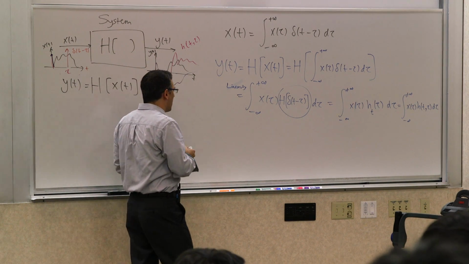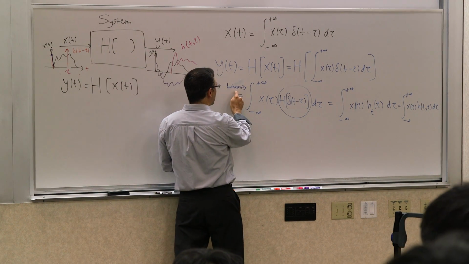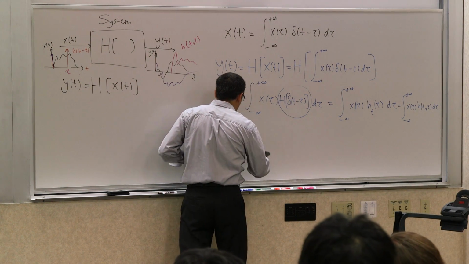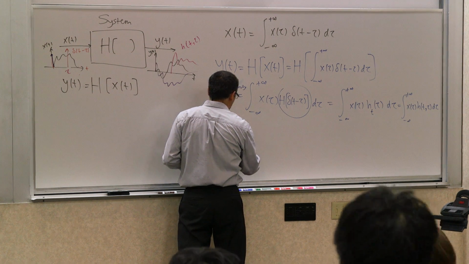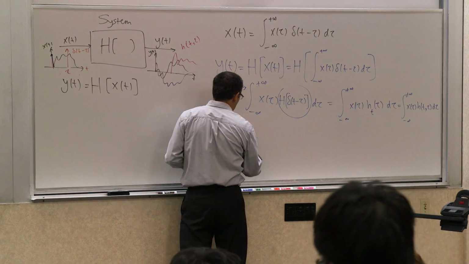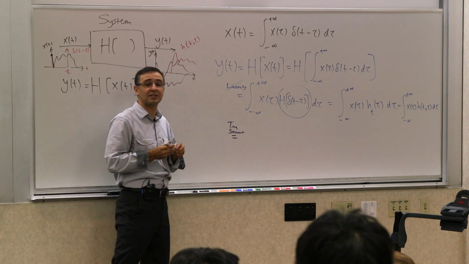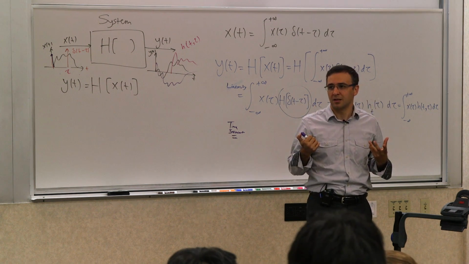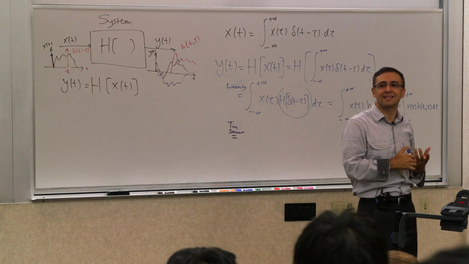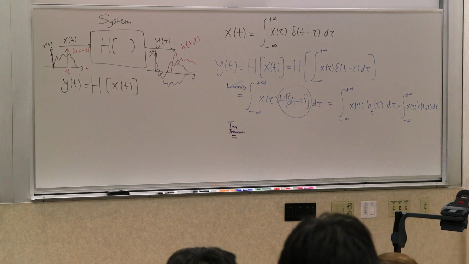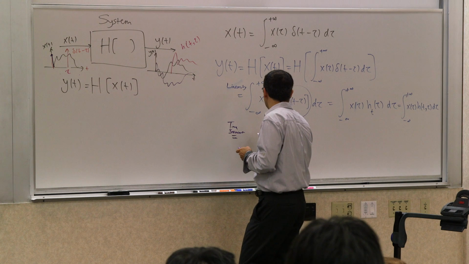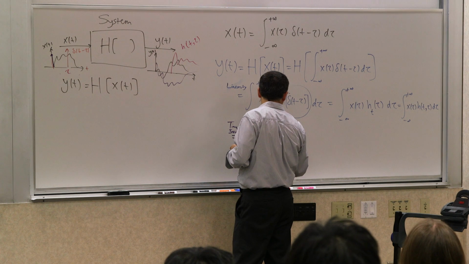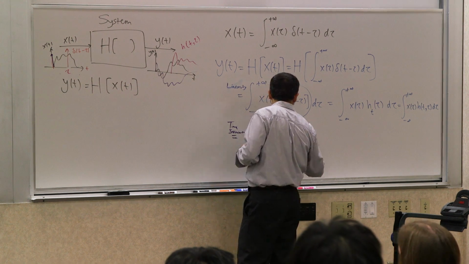Now, that's fine. But if the system now also becomes time invariant, so we made one assumption, linearity, but now we also assume that the system is time invariant. Time invariant, meaning it doesn't change with time. Its properties do not change. Not that it's static. It means that its properties don't change with time. Its behavior today and tomorrow are the same. Right? Then this becomes the integral of x of t, h of t minus tau d tau.